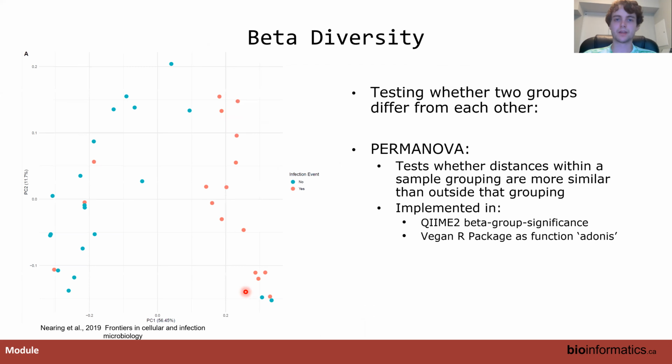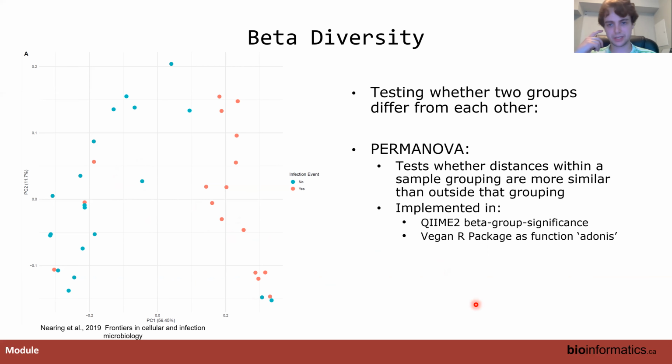The next type of diversity you might be interested in looking at is beta diversity. On the plot here, on the left, we have a principal coordinate analysis plot, and we have two different types of samples. We either have samples that have faced an infection, which are highlighted in red, or samples that haven't faced an infection, which are highlighted in blue.